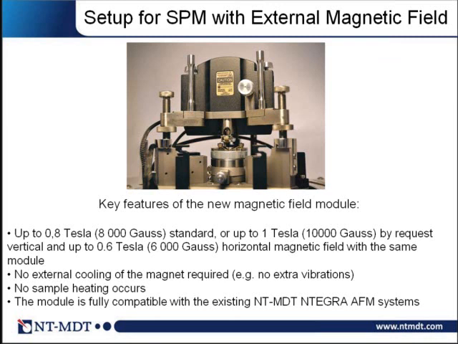Nevertheless, we were successful in creating a permanent magnet, important to say, which can provide a magnetic field up to 1 Tesla, demonstrated, and up to 0.8 Tesla is already a developed device.